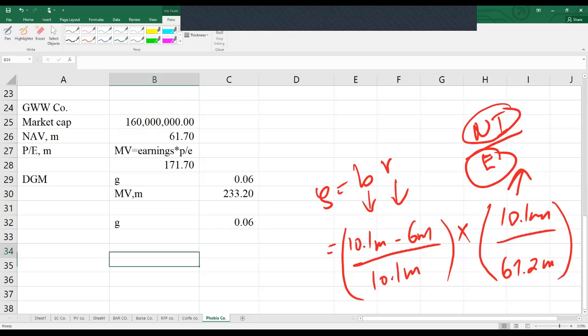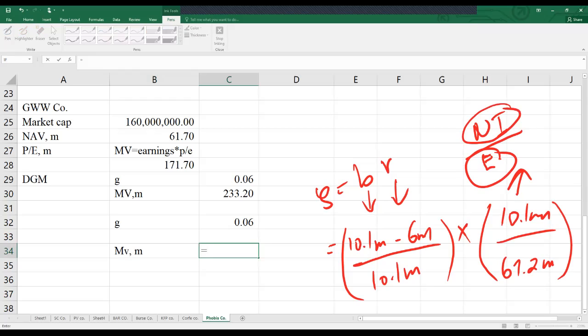Therefore, the market value of the company, in millions, will be equal to the dividend, which you already got, which is the 6 million the company paid. So 6 million times (1 plus G), 1 plus the growth in dividend. I'm not typing, I'm just making reference to my working. Divide by the cost of equity.